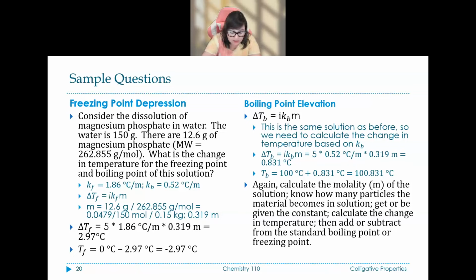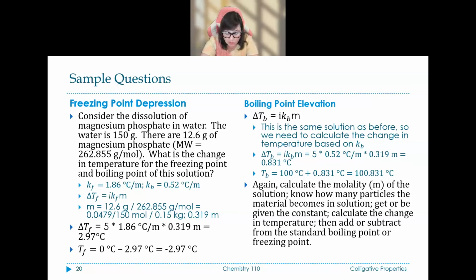If I want to calculate delta TF, that's equal to i Kf m. My i for this is 5, because we get 3 of the Mg2+ plus 2 of the phosphates, so that gives me an i of 5. My Kf is 1.86 degrees C per molal, because they gave it to me.